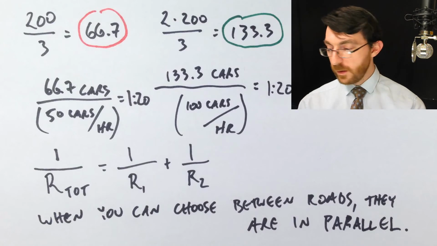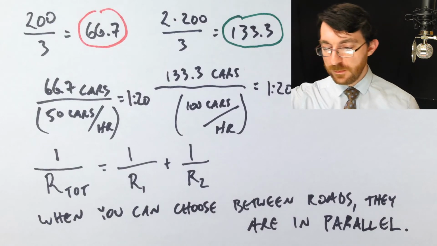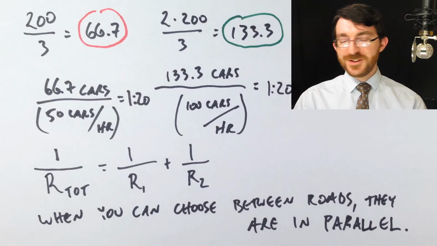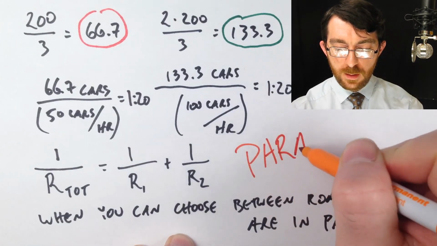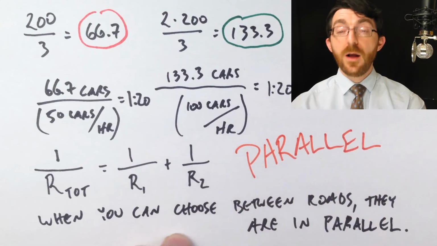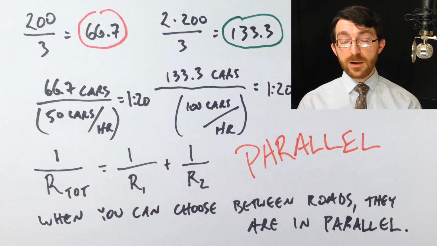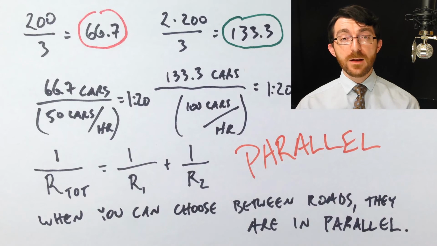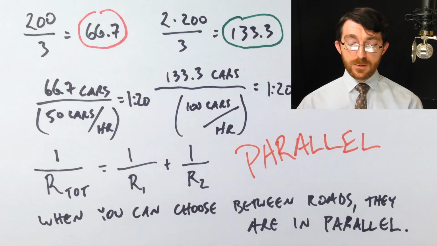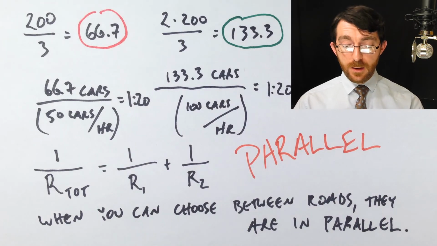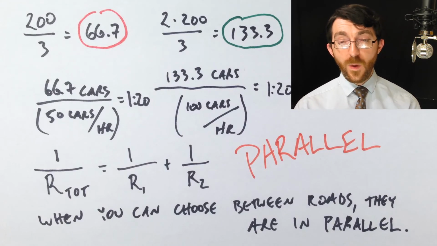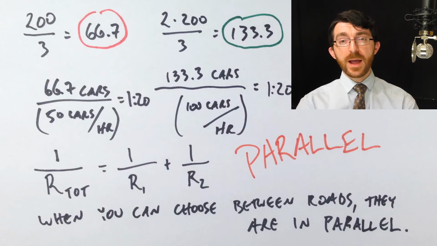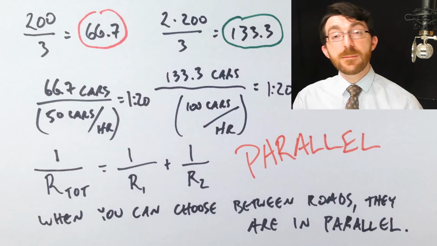Here, I'll write it real big and flashy and go to a new page. They are in parallel. There you go. So they are in parallel. And that is how you find the combined total ability for a circuit to carry a current when the resistance is in parallel.